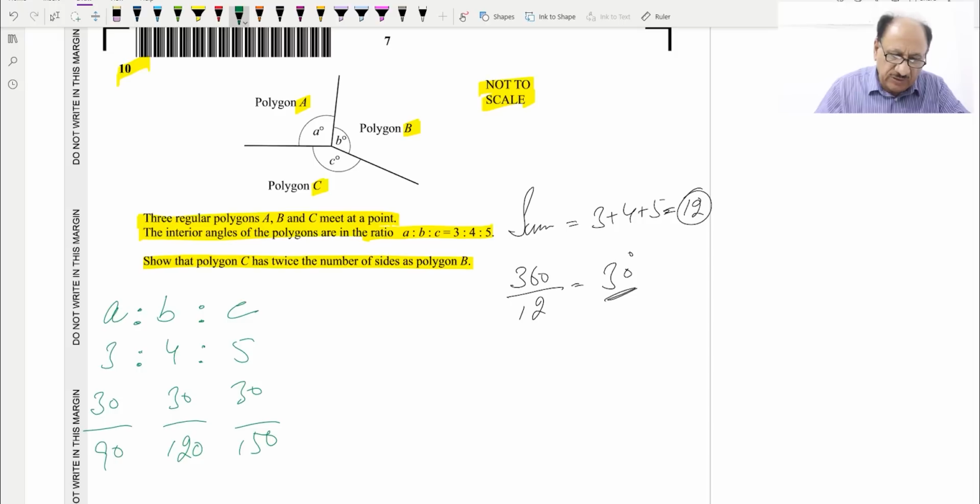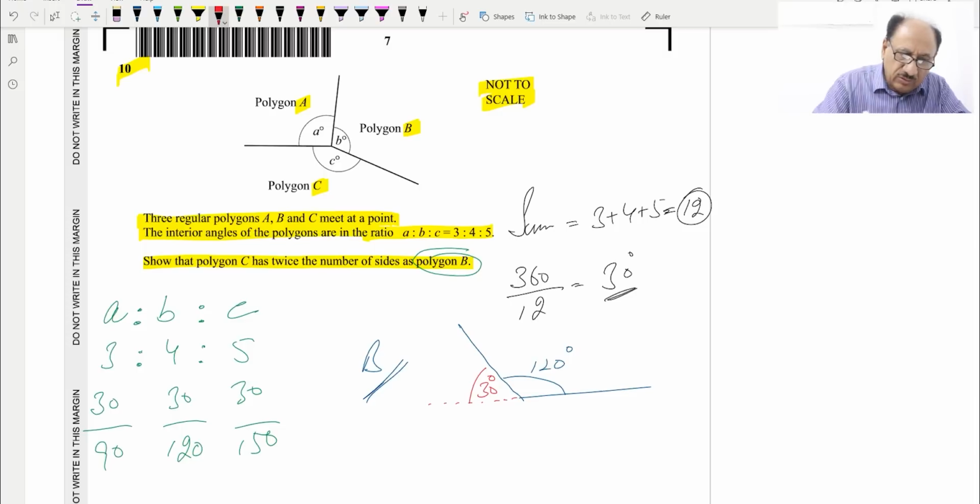Now they are saying polygon B. Polygon B will be 120. So if this one is a 120 degree interior angle, then the exterior angle will be 180 minus 120, which is 60 degrees, not 30.